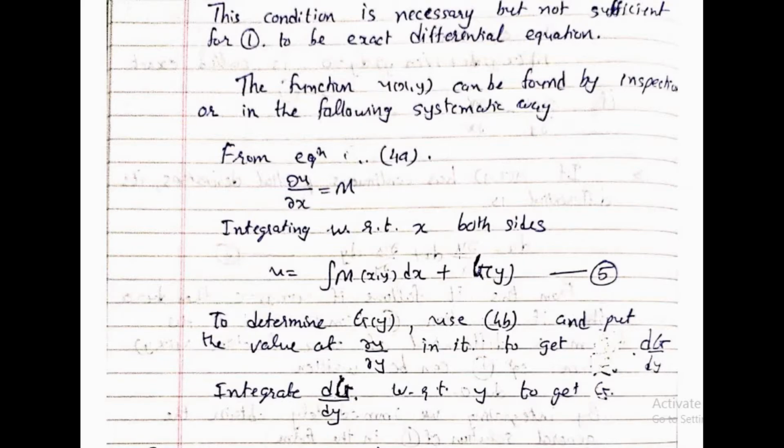That will give you the value of dg/dy, because if you are differentiating this with respect to y, then g has a derivative dg/dy, as it is only a one-variable function. So from that you have dg/dy in the form of y. In that case, integrate both sides with respect to y and you will get g. This is the method to find the function u, the solution of the original equation.